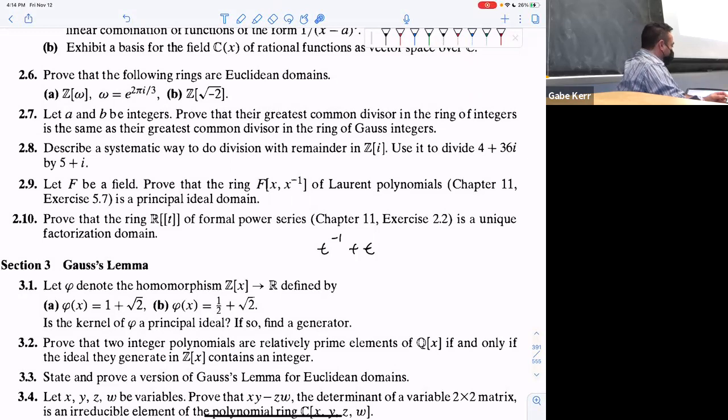So the real thing is to show it's a principal ideal domain, so that any ideal is principal. I'll start with an ideal.